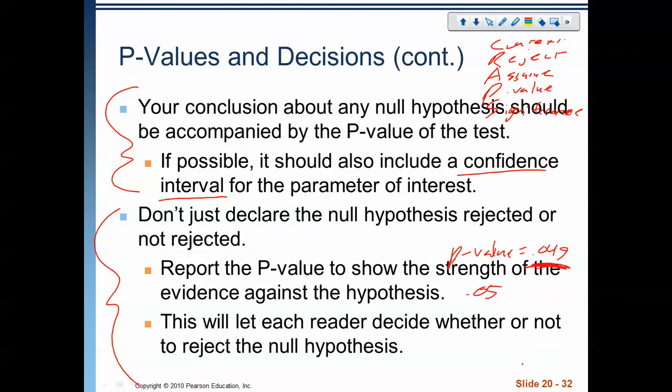But because it's so close to that threshold, it's strong evidence, but not that strong. So you want to state that p-value so that you can let the reader decide whether it's appropriate to reject the null hypothesis. You state your information and let the readers decide whether the conclusion you reached is appropriate.